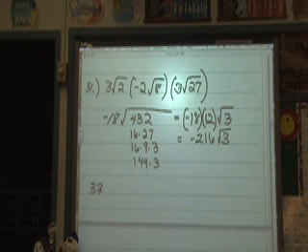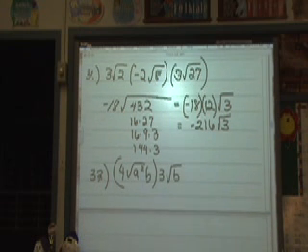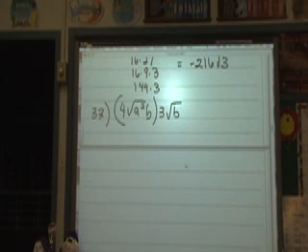33. 4 radical a squared b times 3 radical b. Vincent?